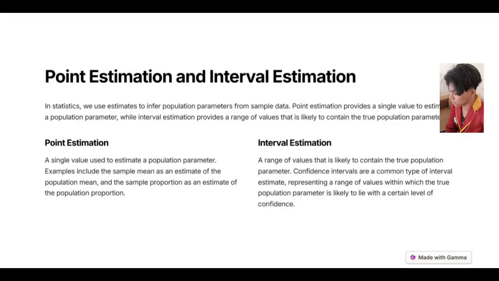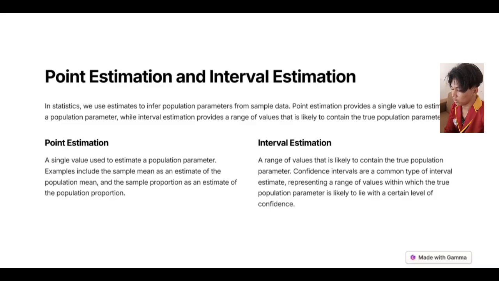Point estimation and interval estimation. In statistics, we use estimates to infer parameters from sample data. Point estimation provides a single value as the estimate of a population parameter, while interval estimation provides a range of values that is likely to contain the true population parameter.